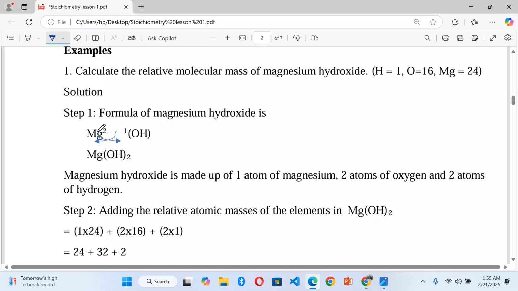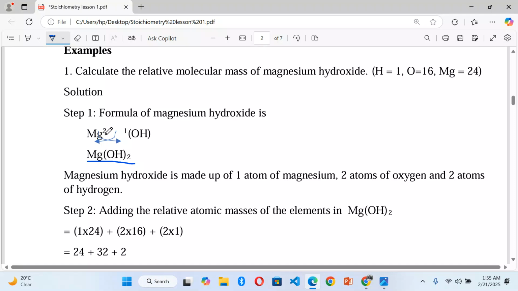The one for magnesium, we put it on the hydroxide, and the one on hydroxide comes to magnesium. So at the end of it all, we have the formula of magnesium hydroxide as Mg and then OH, then with a 2. This 2 is coming from the magnesium.